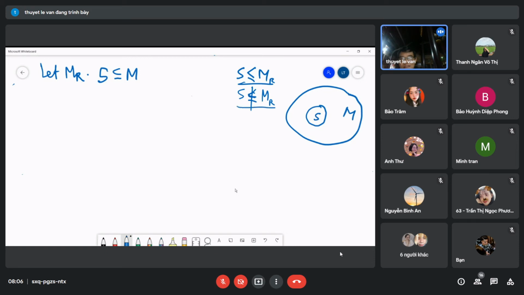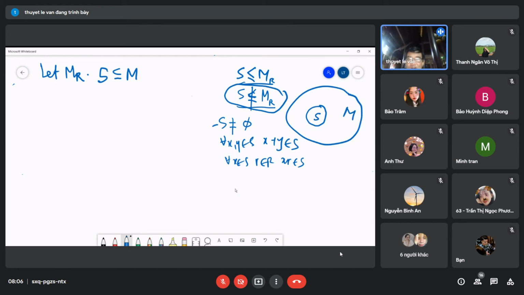If S is not a submodule of M, then one of the three conditions does not hold: S is not equal to the empty set; for every x, y in S, x plus y is in S; and for every x in S and r in R, xr is in S. So one of these conditions is not true.